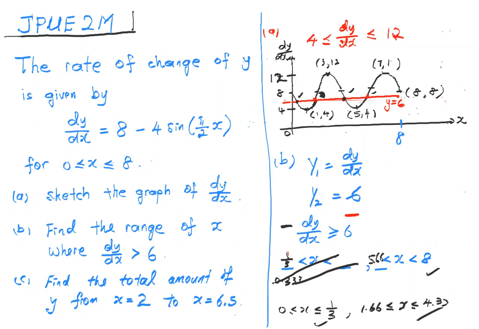For the first point, x is less than 1/3. Cannot, because my limit is from 0 to 8. So you have to put 0 to 1/3. Because the domain is from 0 to 8. You cannot go beyond that.